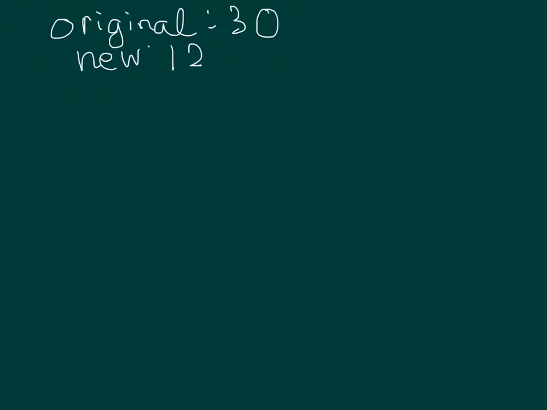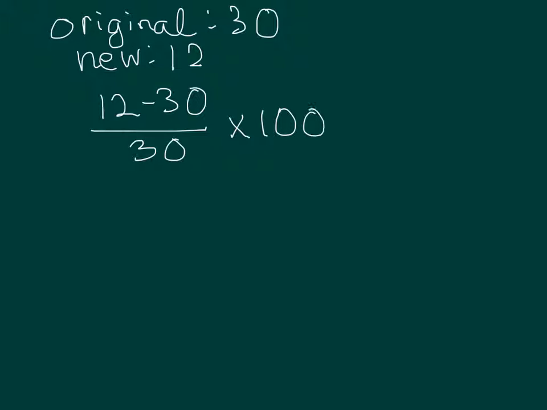Let's look at another example. If our original is 30 and our new is 12, then we would take new minus original, so 12 minus 30, put that over the original amount, multiplied by 100.